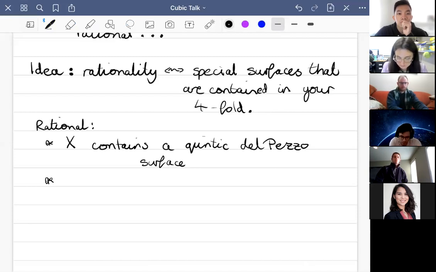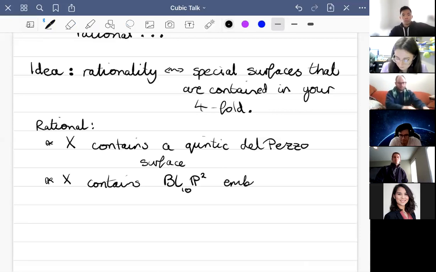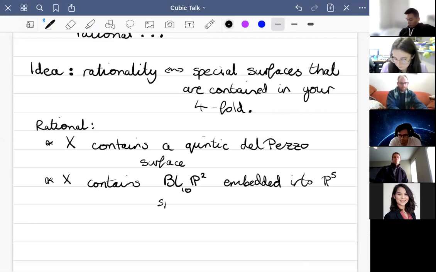Another example is if X contains the blow up of P2 in 10 points embedded into P5 by some special linear system, you're also rational.